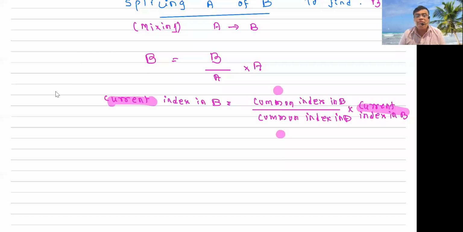This is the procedure to find the series B. This is current index in B, this is of course A, and multiplied by the one below, so this is current index in A, of course.